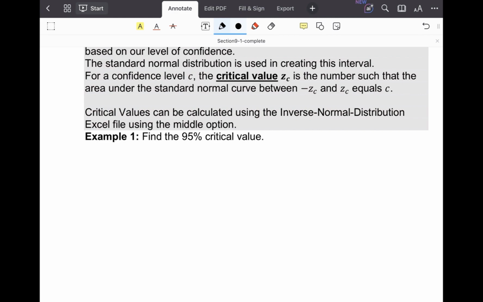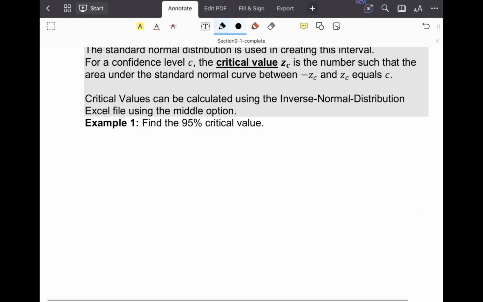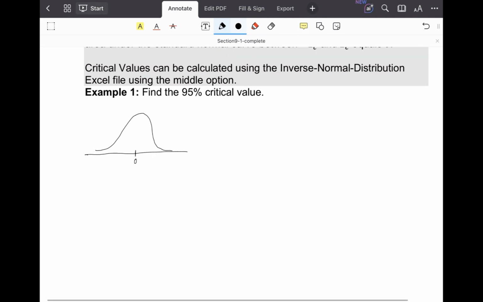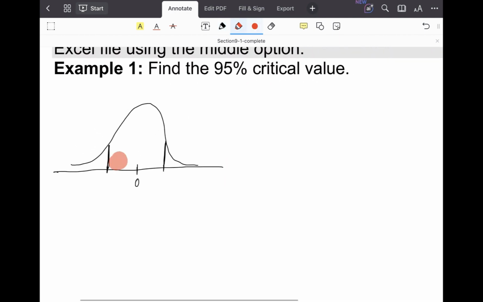And with the confidence level that they're giving us there, the 95%, we want to find those values. Let me draw a quick picture here. It's centered at 0. And we're finding two values so that this area in between is 95%.